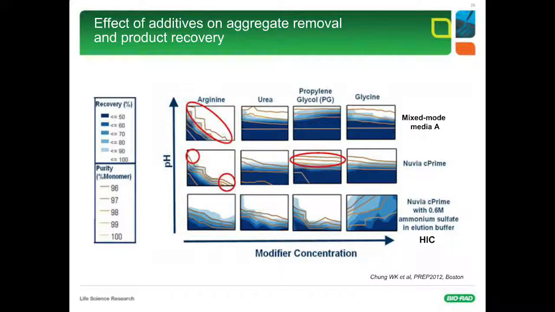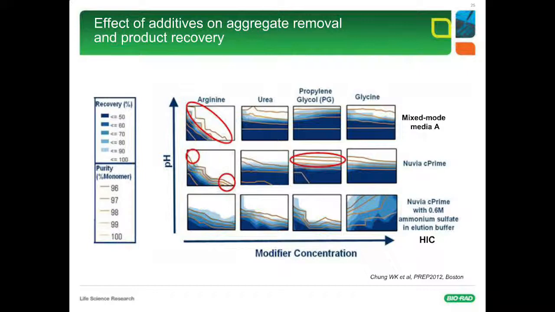In this experiment, we were also curious how different NuVSC Prime is from traditional hydrophobic interaction chromatography. You see here the target molecule can be eluted at 0.6 molar ammonium sulfate. We all know that ammonium sulfate is used to promote hydrophobic interaction.